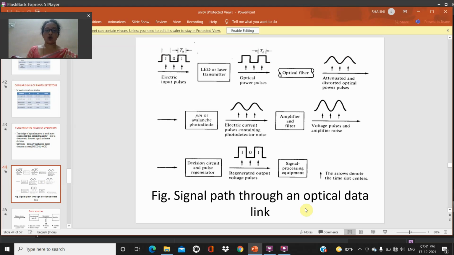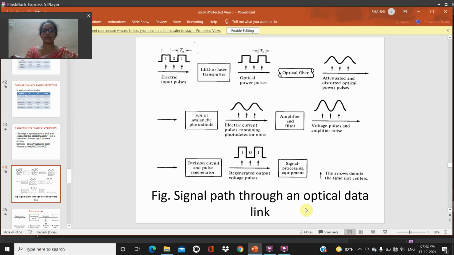Signal path through an optical data link. First, electrical input pulses are passed through an LED or laser transmitter, producing optical power pulses. These are transmitted through fiber, becoming attenuated and distorted optical power pulses, and then reach the PIN or avalanche photodiode.